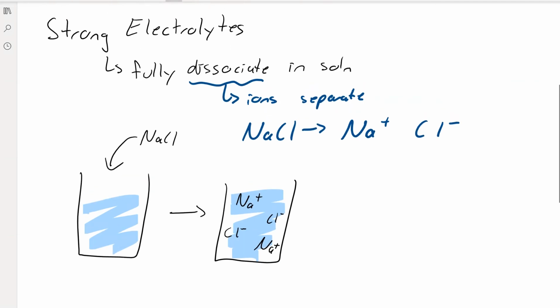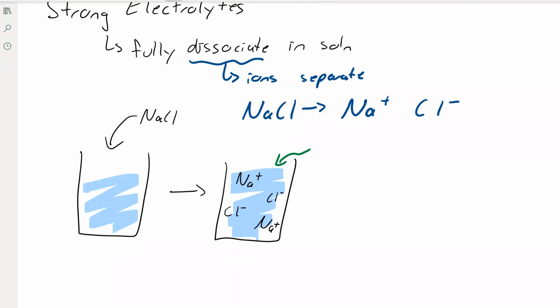And the reason that we call this an electrolyte is because this solution, when it has ions in it, will conduct electricity. We won't go into deeper details than that, but later on in your other chem classes, you will, right?